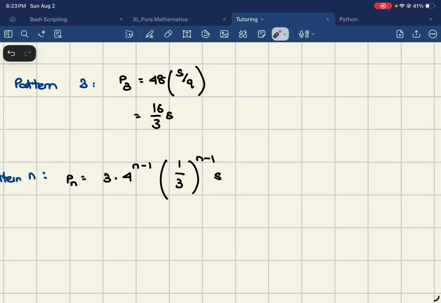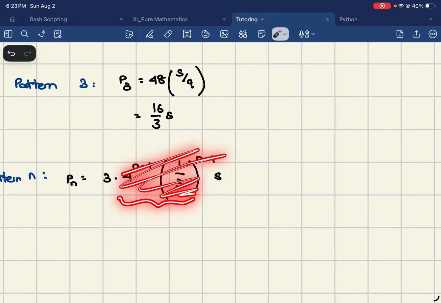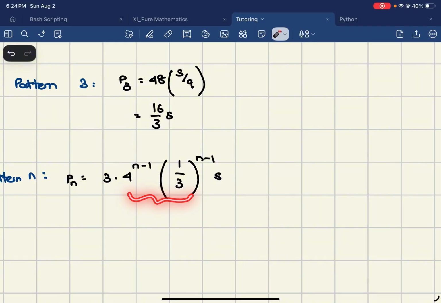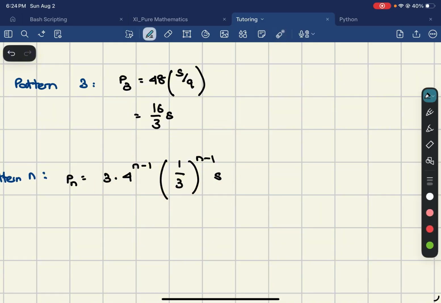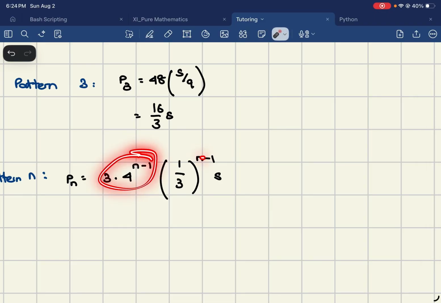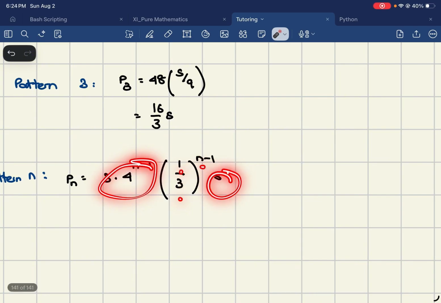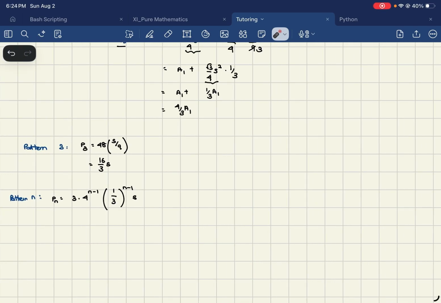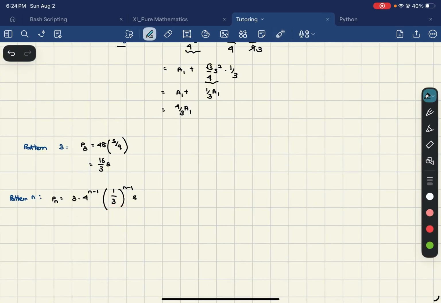In our initial triangle, we only had side length s. So if you substitute 1 here, these will go away and you have perimeter 3s, which is what we had. If you substitute 2 here, 4 3s are 12, 12 over 3, you're going to get 4s, which is what you have here. So if you generalize the expression for Pn, you get this expression.